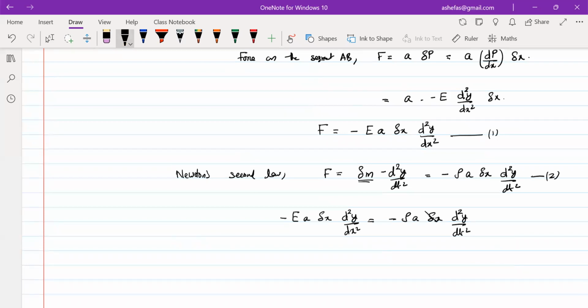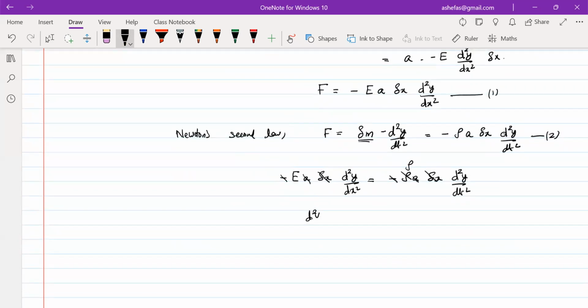So delta x cancels, A cancels, the negative cancels, but rho does not cancel. So finally d square y by dx square is equal to rho by E times d square y by dt square.